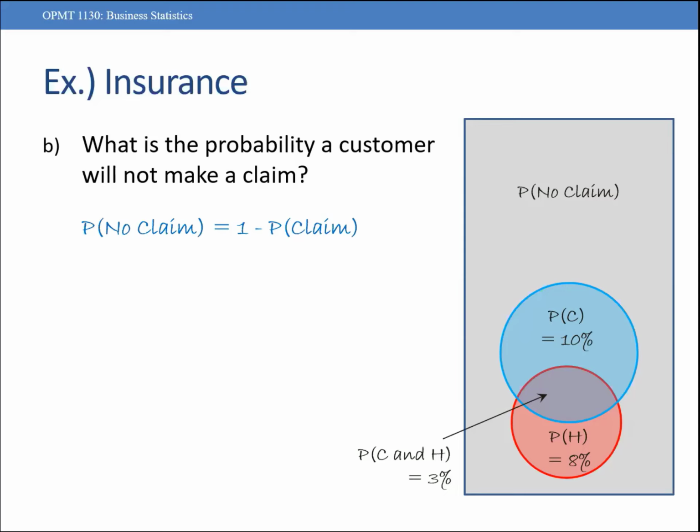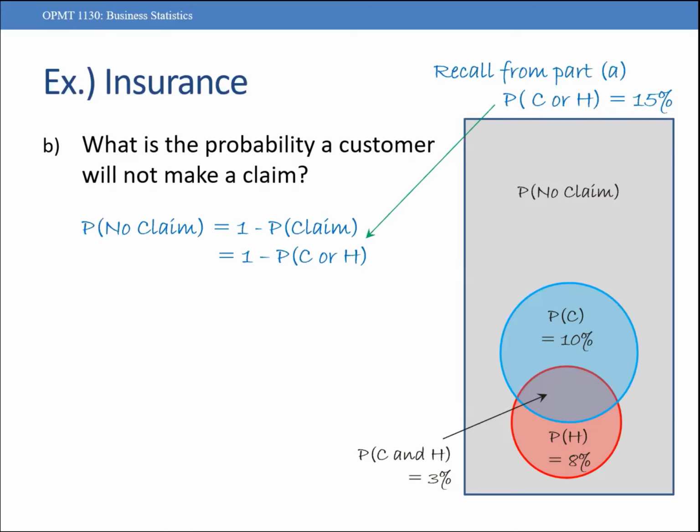It's the complement to making a claim. And we determined before the probability of the claim, it's really the car or house claim, which was determined as 15% in the last part of the problem. So we get 1 minus that 15%, giving us a total of 85%.